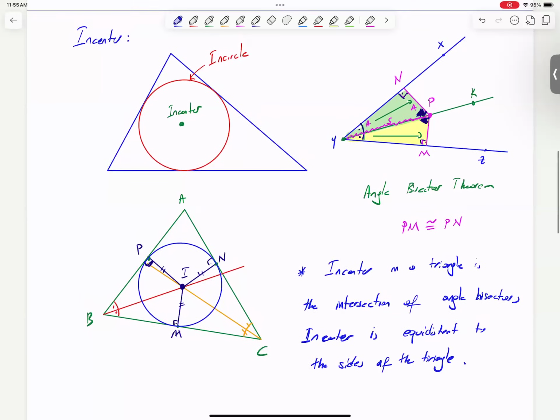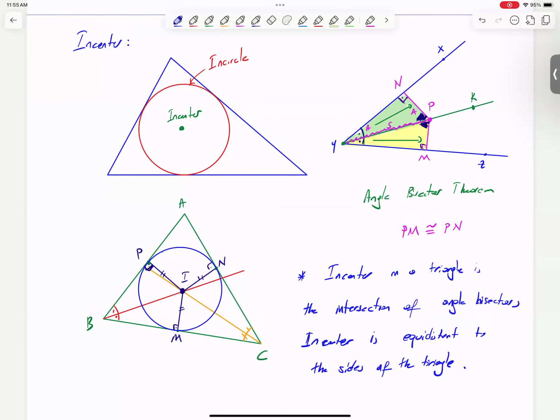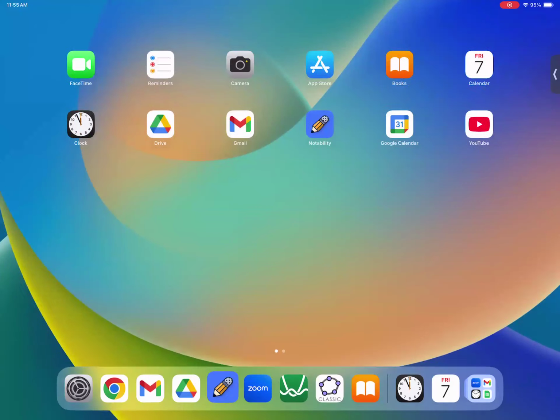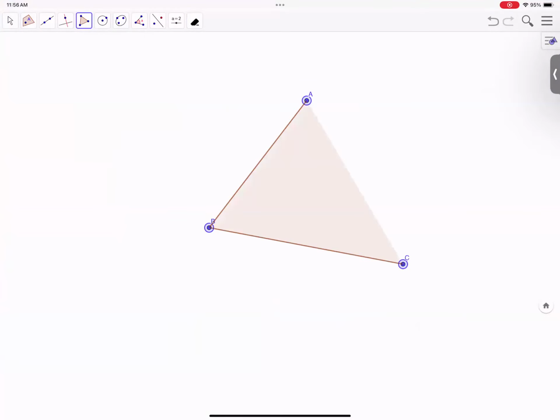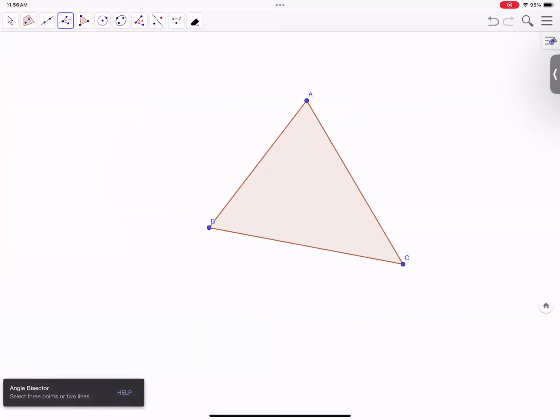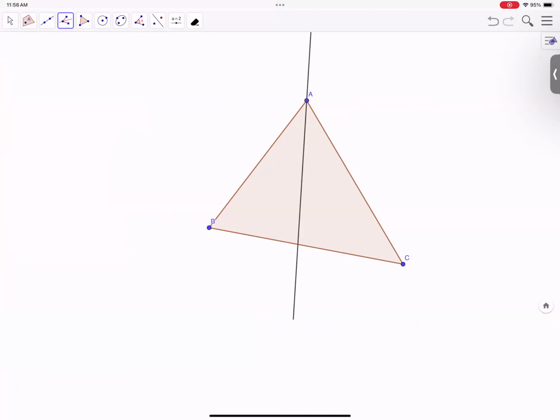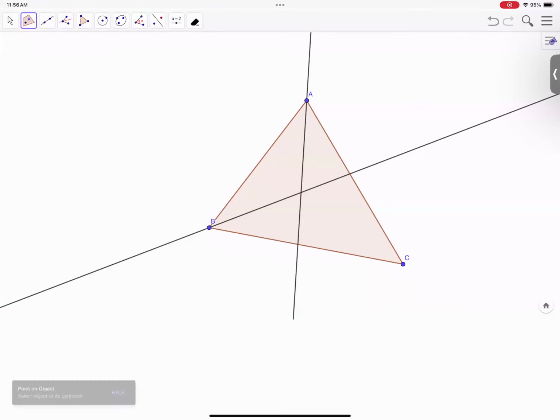Lastly, let's construct this incenter in GeoGebra. All right, let's have a triangle. And then we need angle bisectors. Angle bisector for angle A, angle bisector for angle B, and they intersect at one point. That point is the incenter of the triangle.